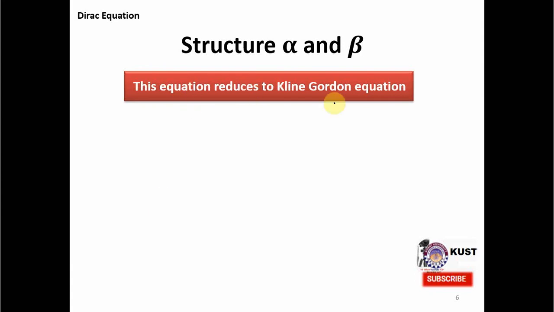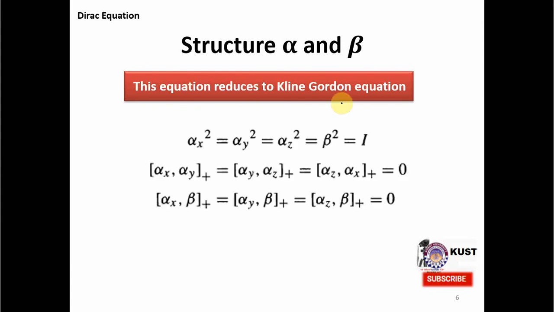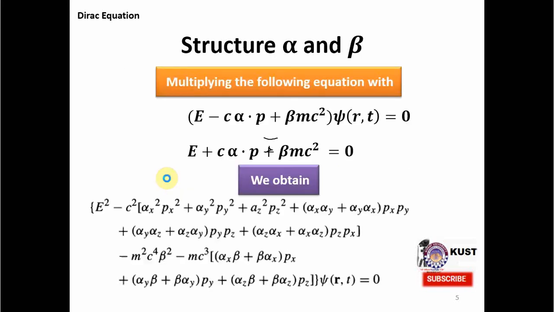So this equation reduces to the Klein-Gordon equation if we do this. For example, if we put alpha x square, alpha y square, alpha z square, and beta square equal to identity, and the alpha x and alpha y anti-commutator, because you see over here in this equation that alpha x, alpha y is actually an anti-commutator.